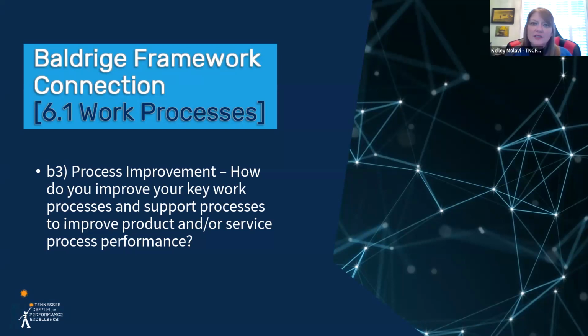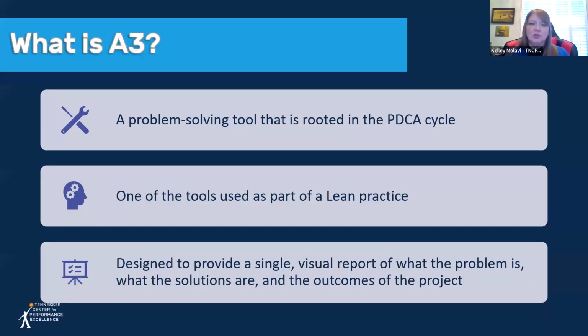So anything that's not meeting process performance and meeting requirements, typically our customer requirements, we're going to talk about how we go about improving those processes. And A3 is one of my favorite tools that I have used in a number of organizations in which I've implemented process improvement. So let's dig into A3 and how it's actually used.